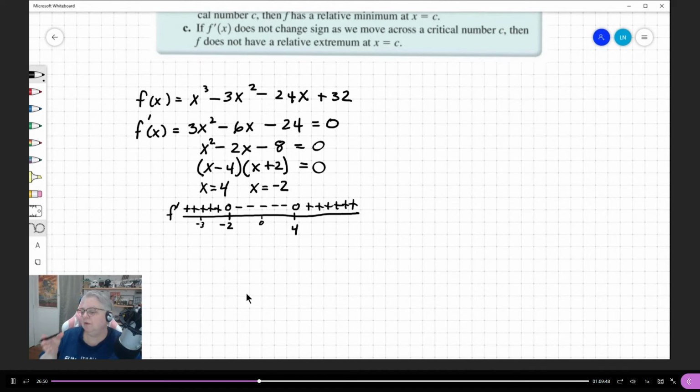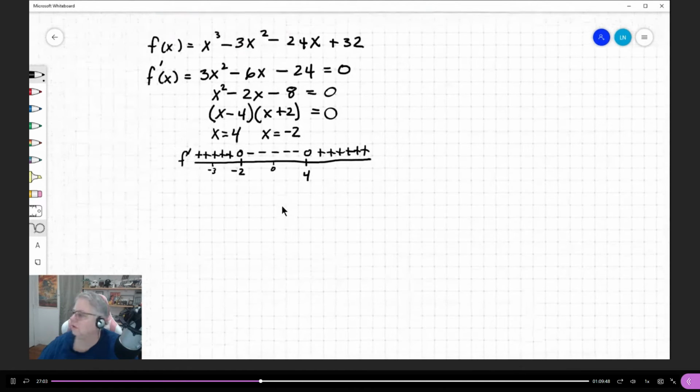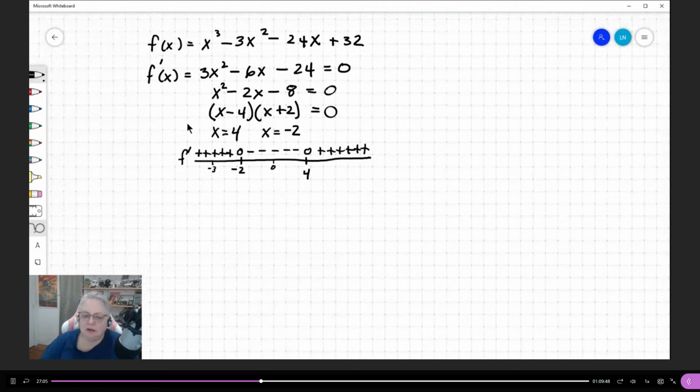Where the derivative is positive, the function is increasing. So f is increasing where the first derivative is positive, so that's on the ends here.